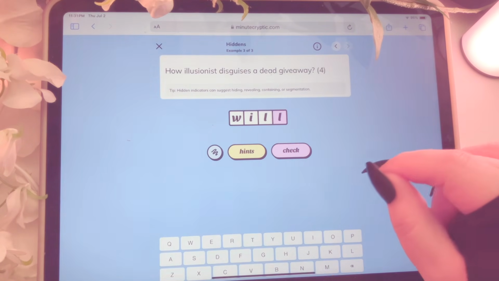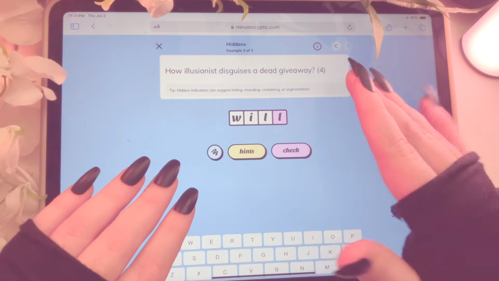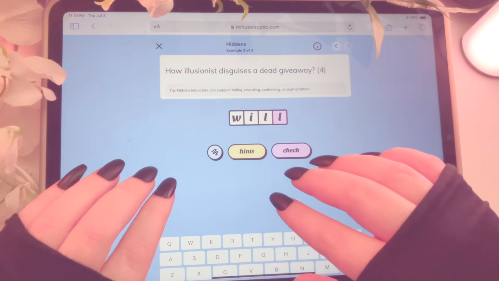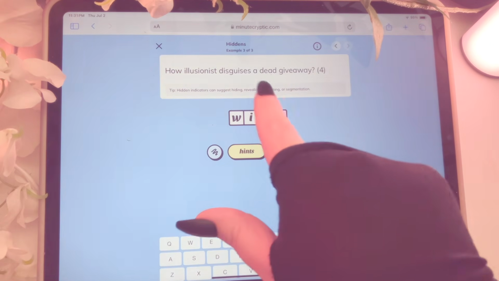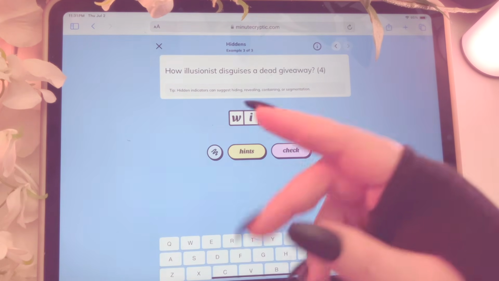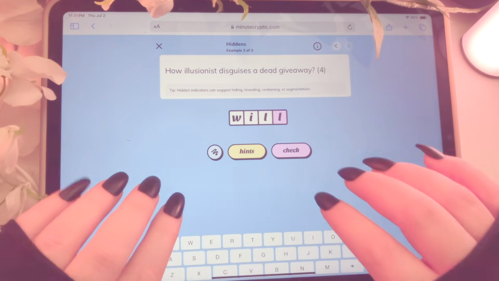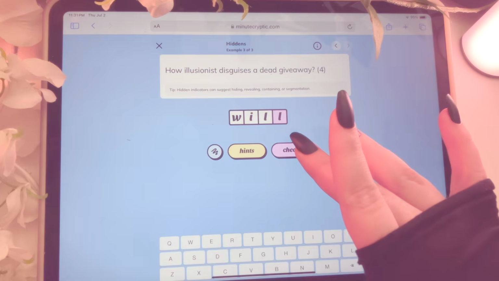Will meaning like last will and testament. A dead giveaway, your will, of course, details what the deceased is giving to whom of their belongings.